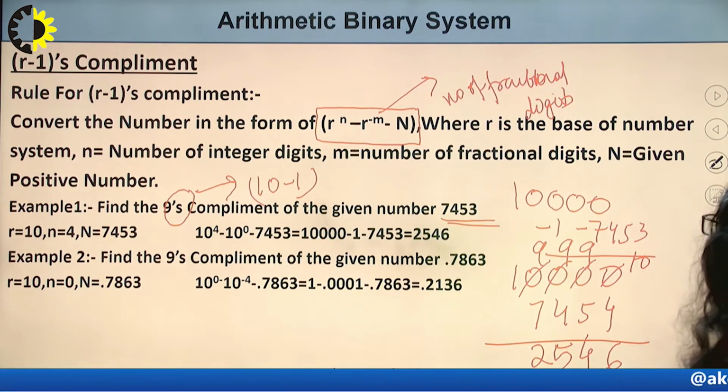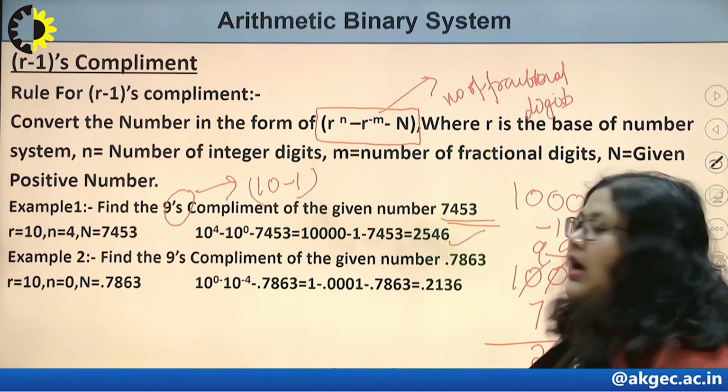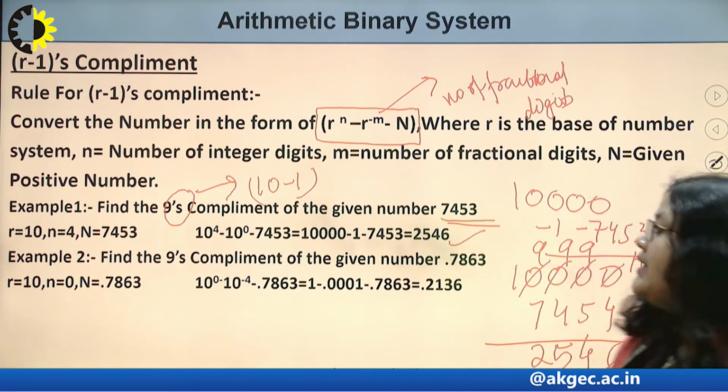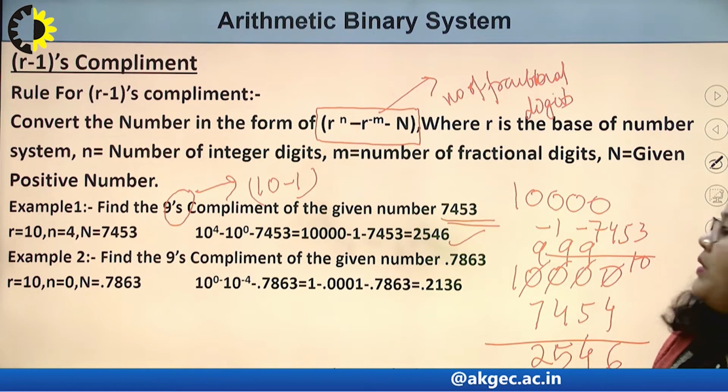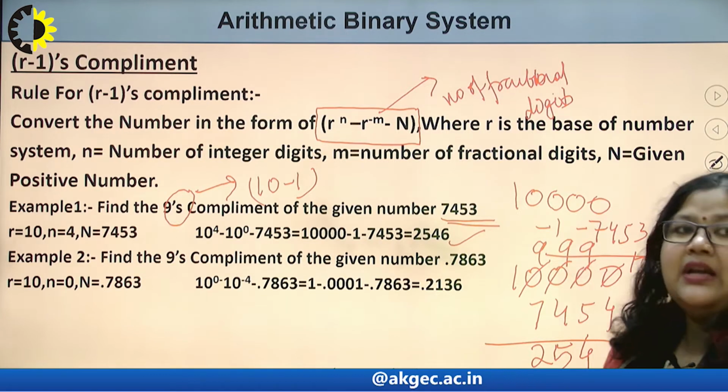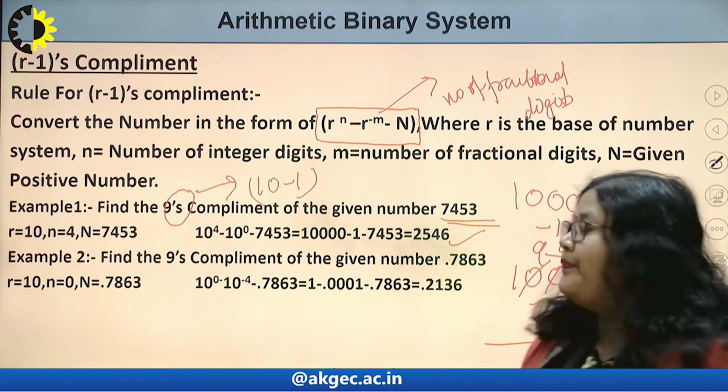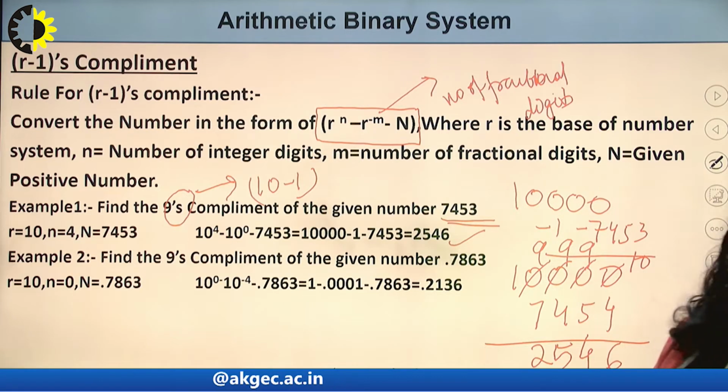So it is 2546. So 2546 is the answer. This is the 9's complement or R minus 1's complement of the number 7453, where R is 10.